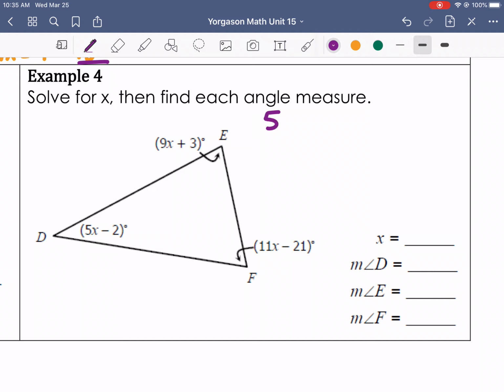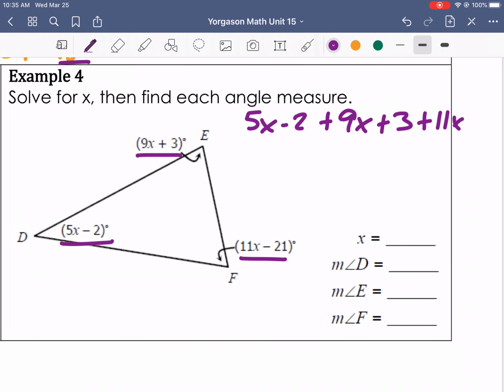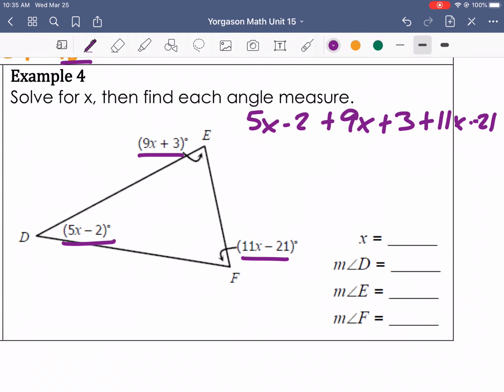So we could do 5x minus 2 plus 9x plus 3, plus 11x minus 21, and I'm running out of space. All of that has to equal 180 degrees. All 3 of those together equal 180. So let's combine like terms.